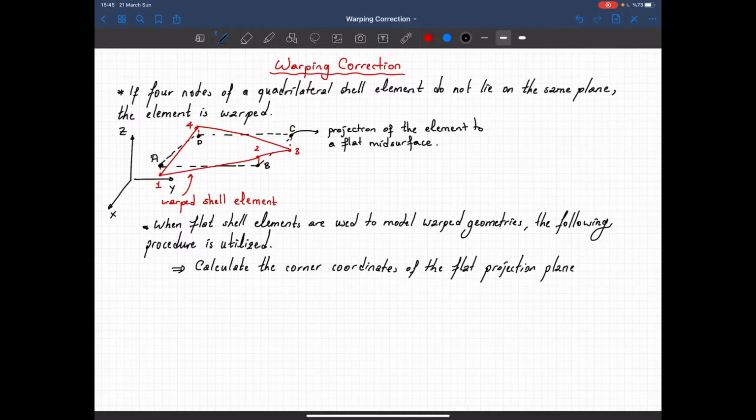So in other words, I need the coordinates of points A, B, C, and D. This can be done by calculating the rotation matrix using approach 2.